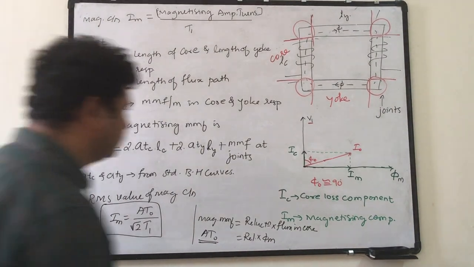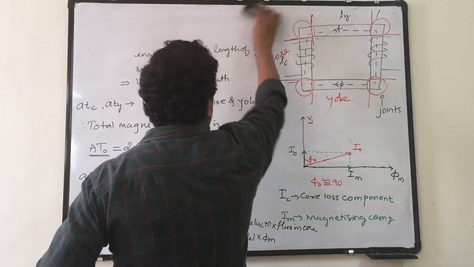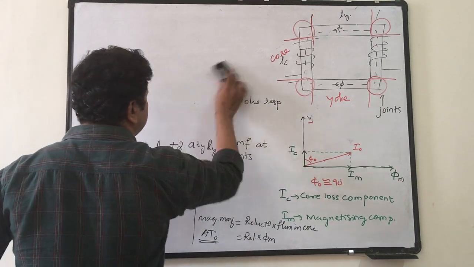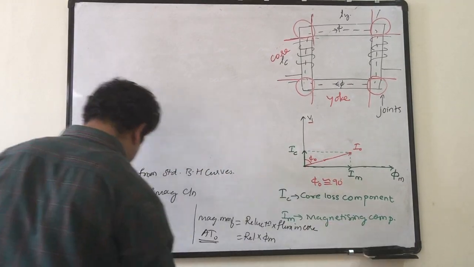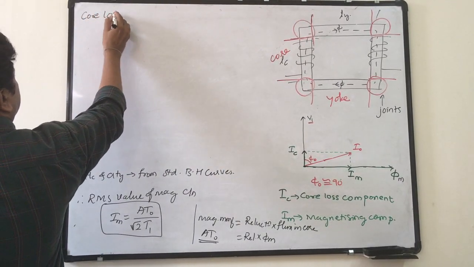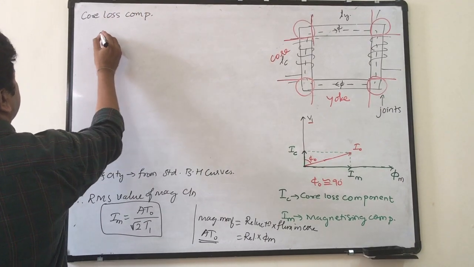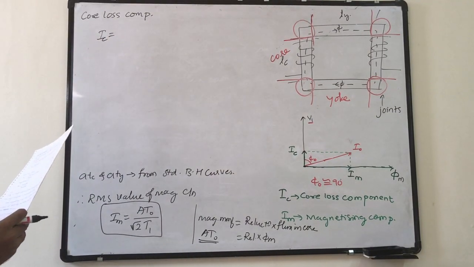Okay. Then what is the core loss component? The core loss component IC is equal to iron losses by V1.